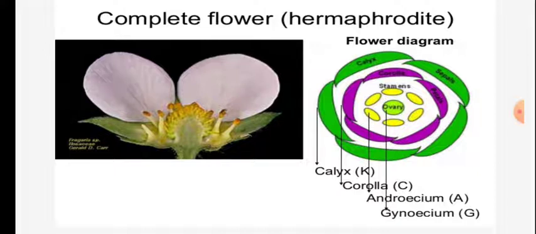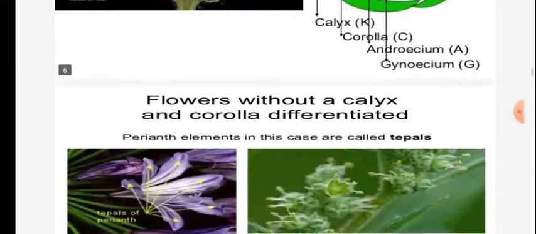We start from the outer side: the green color parts are the calyx, and the pink color parts are the petals. Inside this, the stamens are there, and the ovary is there. The ovary is a part of the gynoecium, with ovary, style and stigma. The stamens develop the androecium, and the petals develop the corolla. So you remember this.